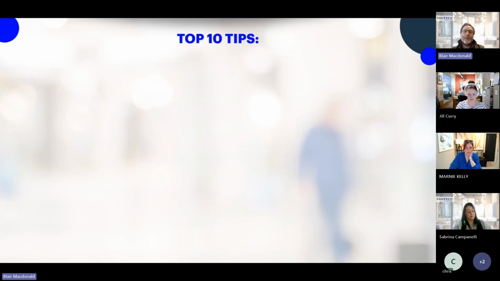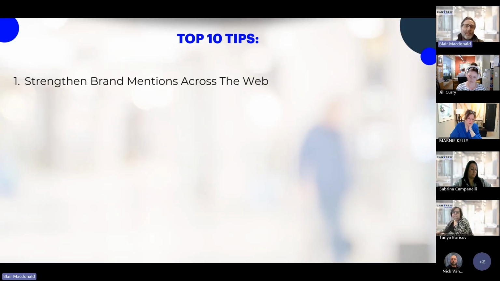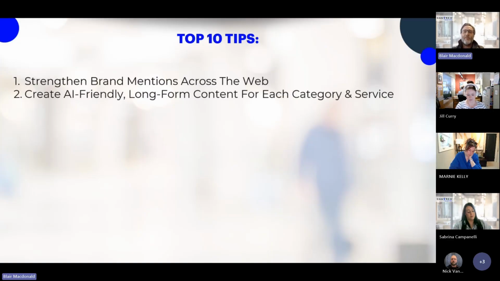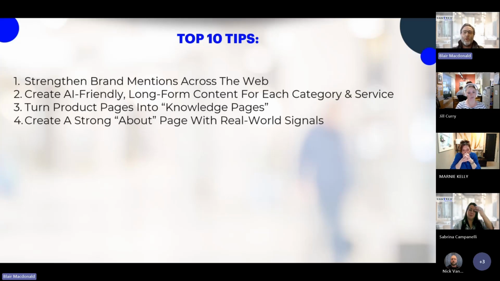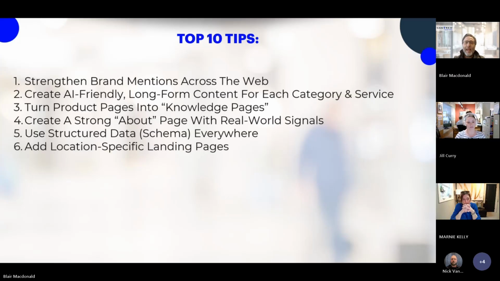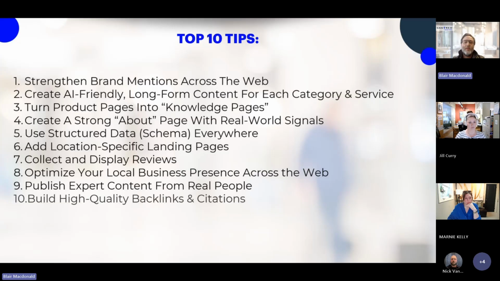Just as a refresher, the top 10 tips we came across to help you make sure you're optimized for AEO and GEO are: strengthen brand mentions across the web, create AI-friendly long-form content for each category and service, turn product pages into knowledge pages, create a strong about page with real-world signals, use structured data, otherwise known as schema, everywhere, add location-specific landing pages, collect and display reviews, optimize your local business presence across the web, publish expert content from real people, and number 10 was build high quality backlinks and citations.